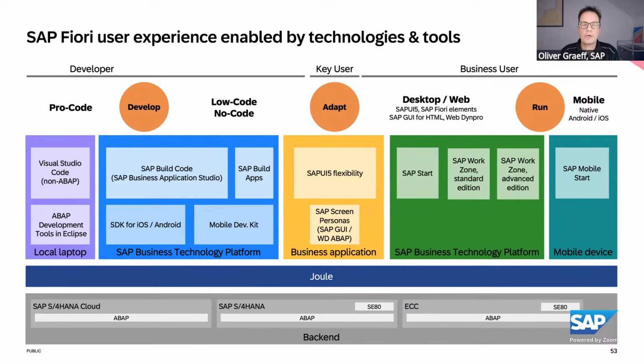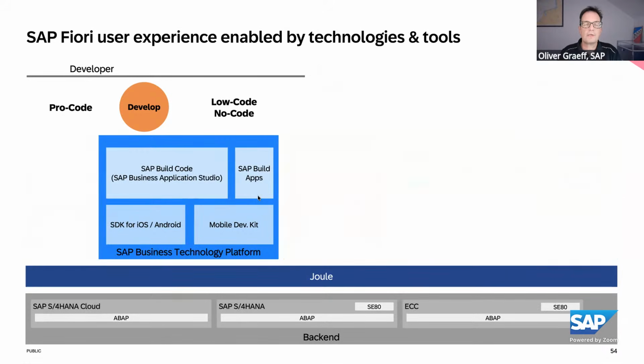And today we're going to look at the developer and what we call the key user here. So how applications are being developed. Each of those colored boxes is one chapter. On Tuesday, we looked into the green box, and we have 4 more boxes to handle today. And we are going to start with the development tools here.